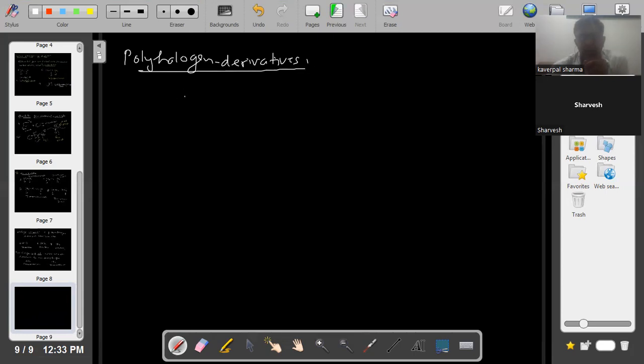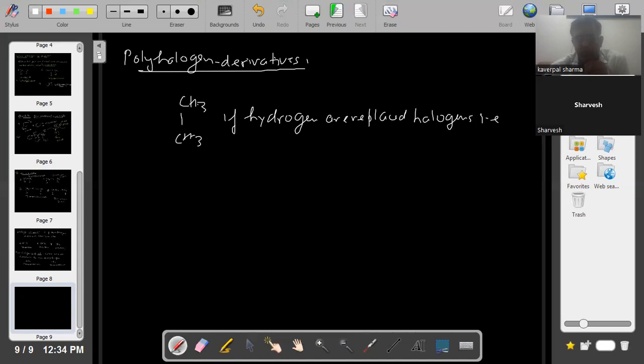Means if here is CH3, CH3, that is ethane. If hydrogens are replaced by halogens, that is chlorine right now. I am giving the example of chlorine.